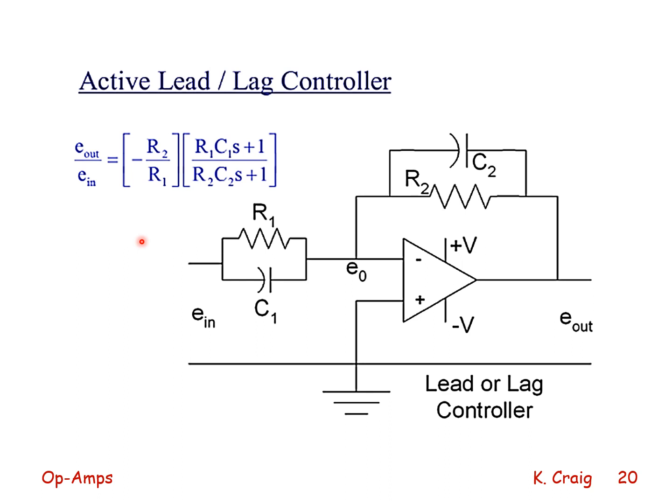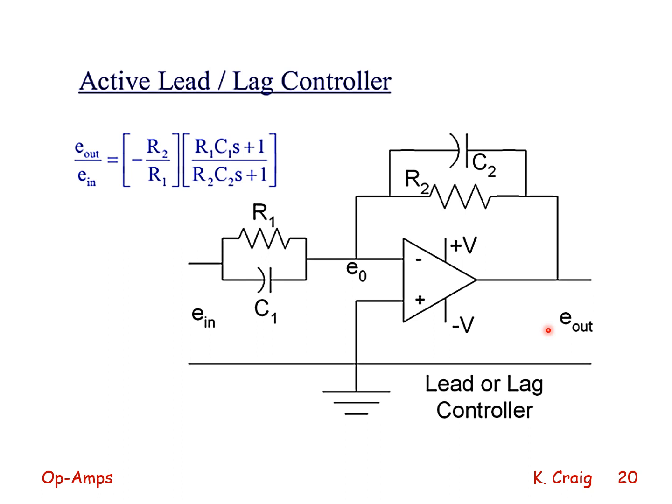This is an active lead lag controller. This is an inverting op amp where in the feedback path we have the parallel combination of R2 and C2. And in the forward path, we have the parallel combination of R1 and C1.